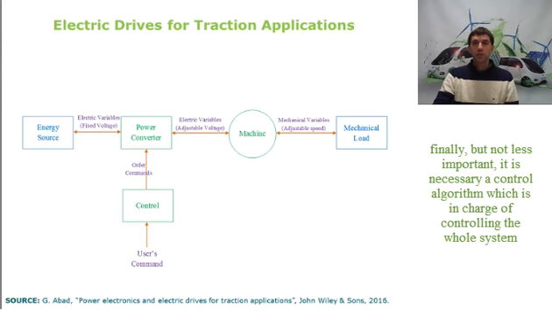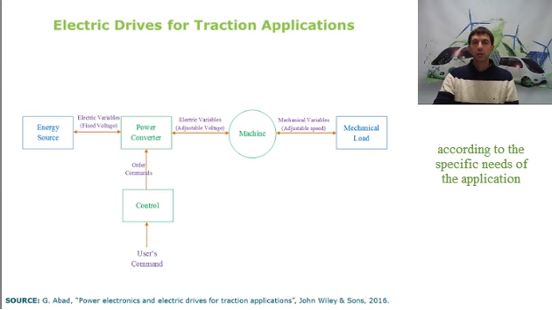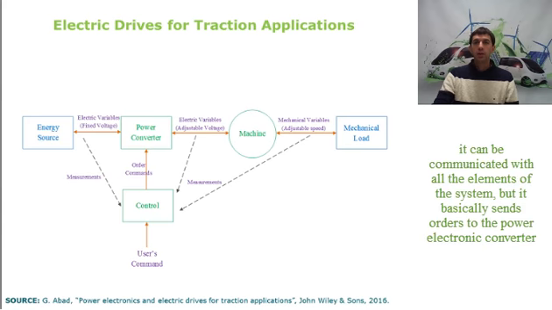Finally, but no less important, it is necessary to have a control algorithm which is in charge of controlling the whole system according to the specific needs of the application. It can communicate with all the elements of the system, but it basically sends orders to the power electronic converters.